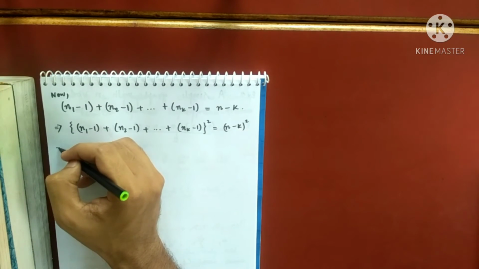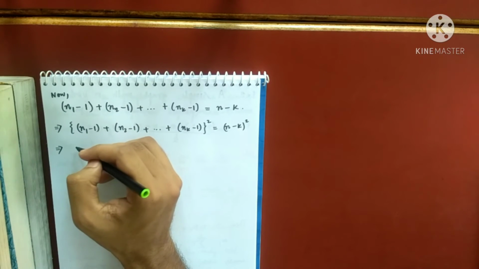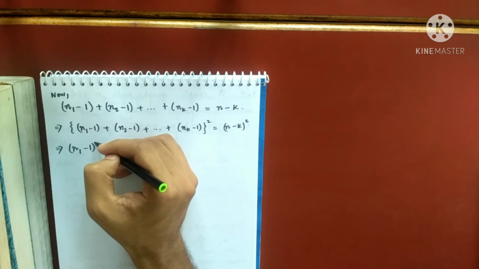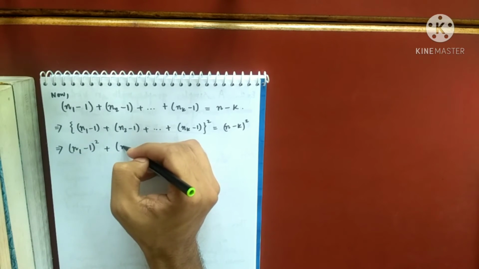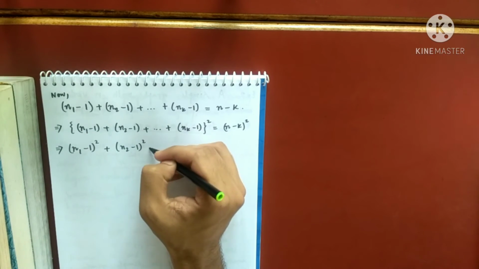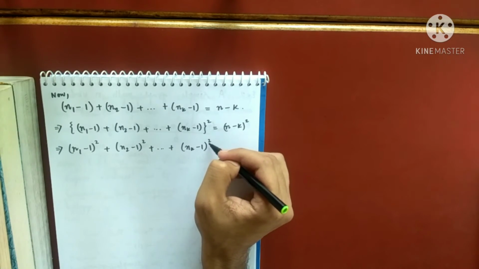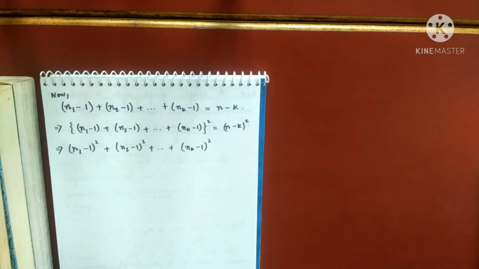What is the formula for a plus b plus c whole square? It is a square plus b square plus c square plus 2ab plus 2bc plus 2ca.